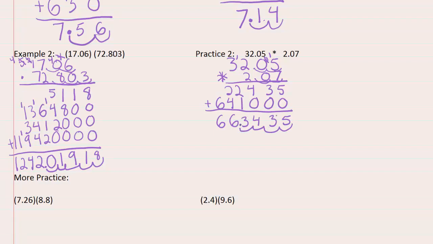And we've got 1, 2, 3, 4 digits after the decimal point in our final answer. So our final answer will be 66 and 3,435 10,000ths. So that is all that we have for today's lesson in multiplying decimals.